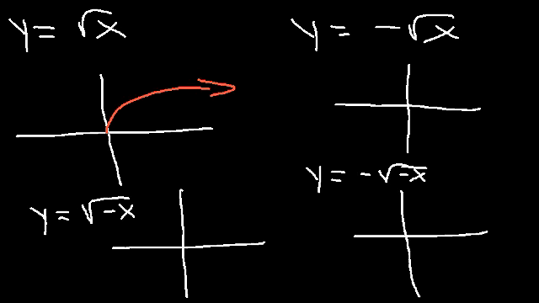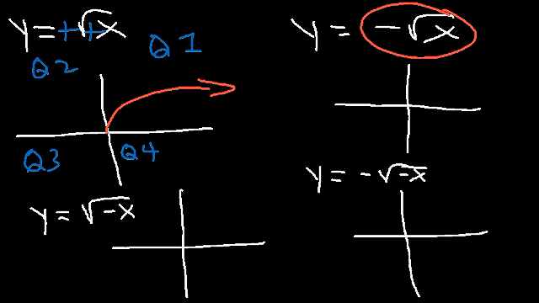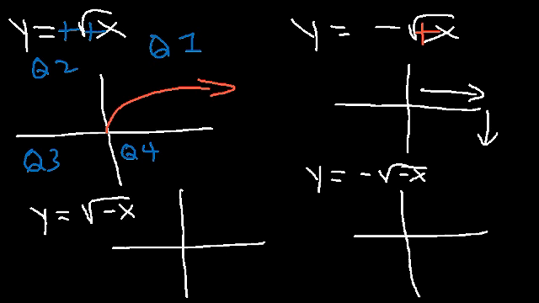One way I like to think about it is that x is positive and y is positive. X and y are positive in quadrant 1. Here's quadrant 2, 3, and 4. Now for this function, it reflects over the x-axis. If you look at the signs, x is positive, y is negative. X is positive towards the right, y is negative below. So that takes us towards quadrant 4.